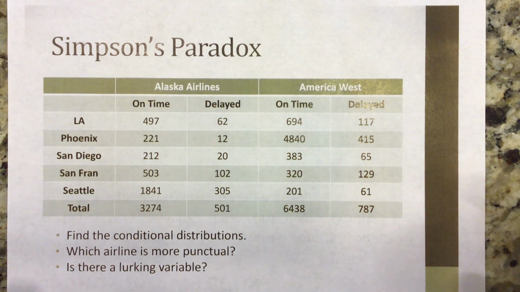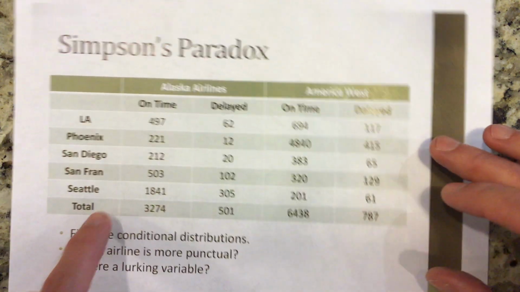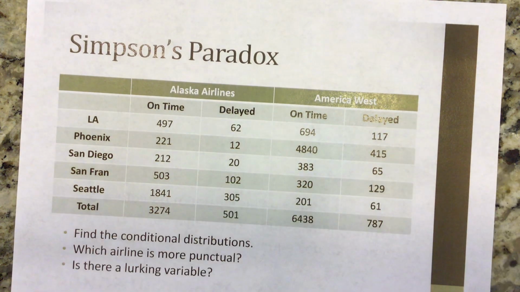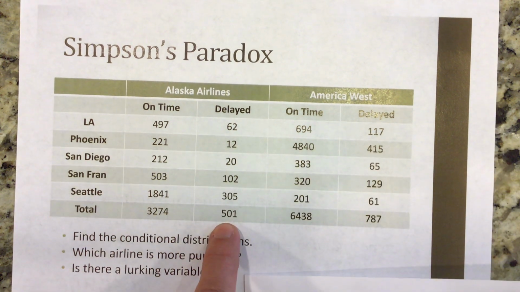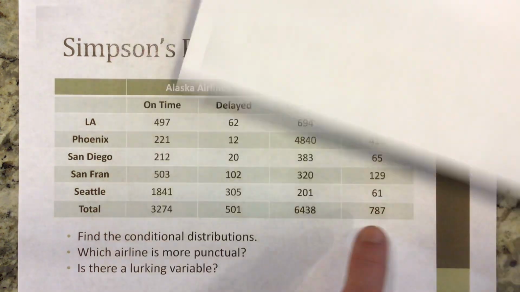So let's break this same data down by airport. Okay, notice these are the same totals, right? 3274 and 501, right? And for America West, 6438 and 787.